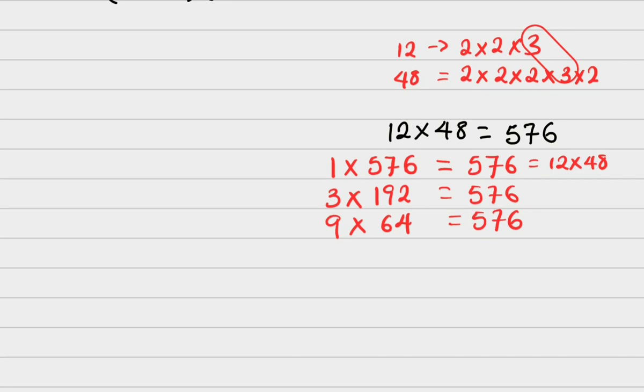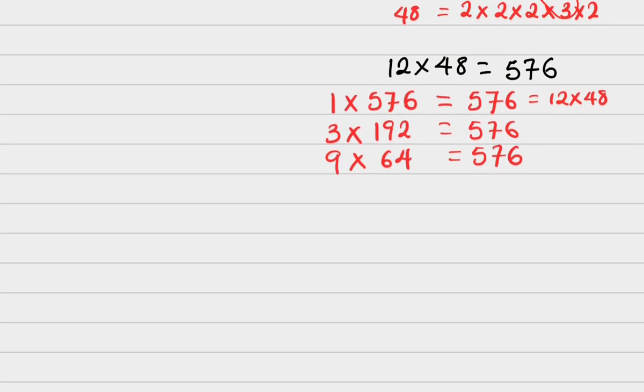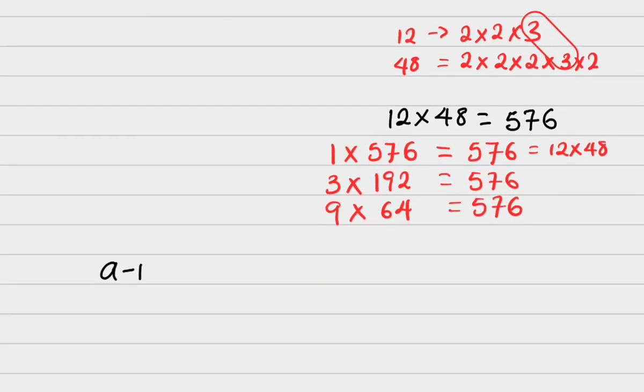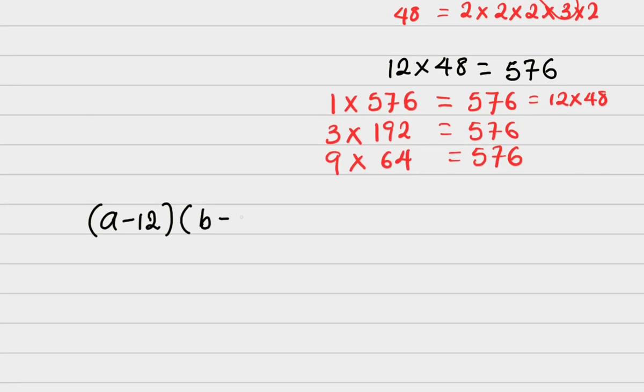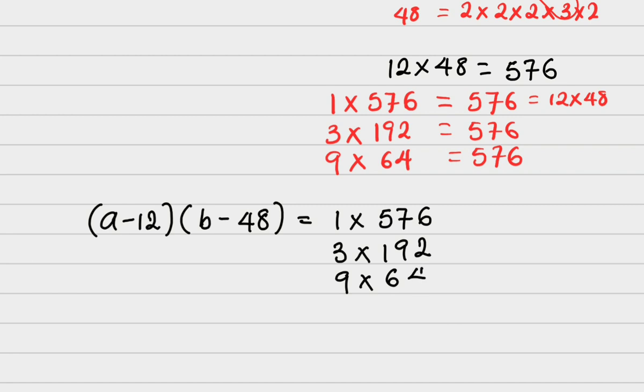So I will now come down and have my work: A minus 12 into B minus 48 will now be equal to either 1 times 576, or 3 times 192, or 9 times 64.